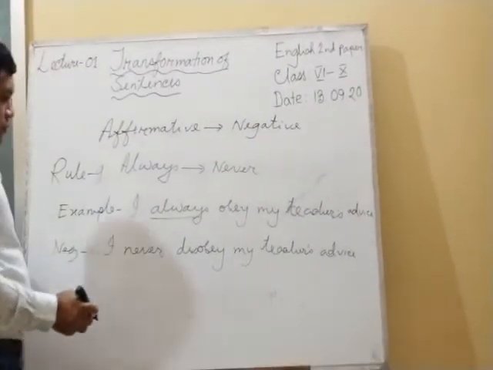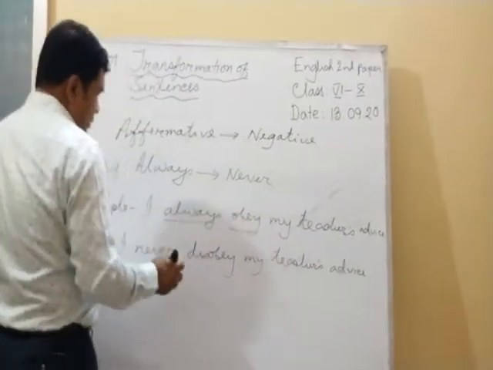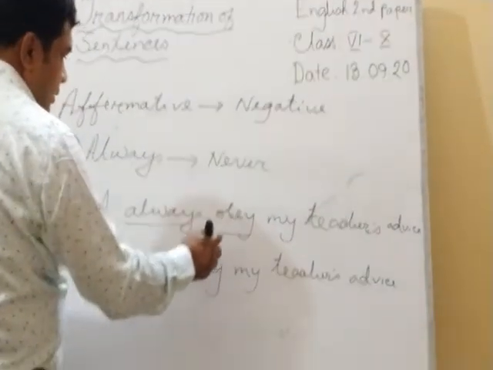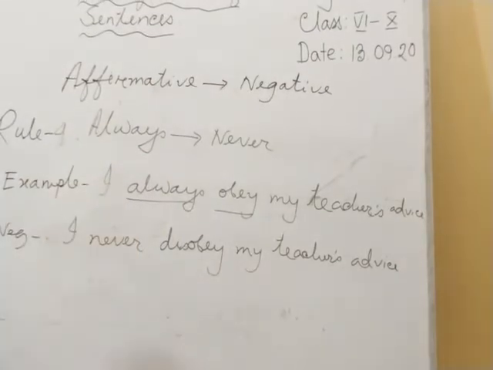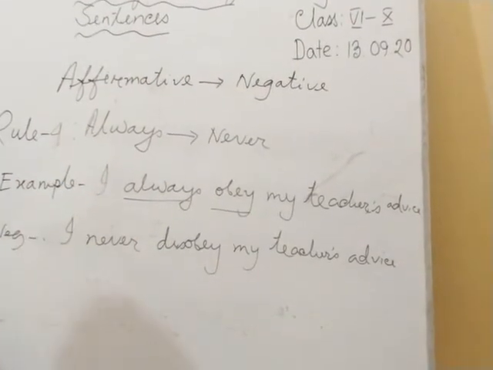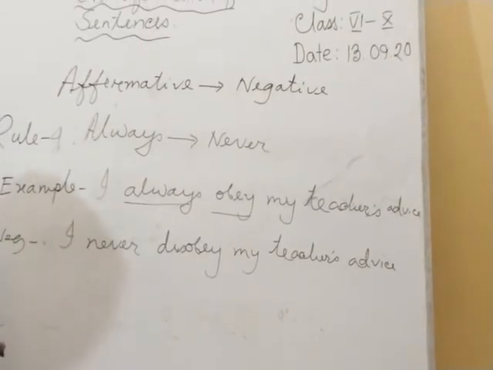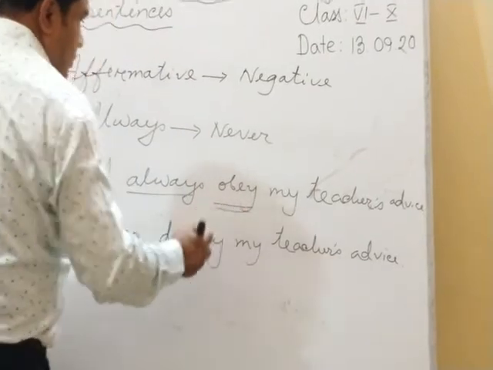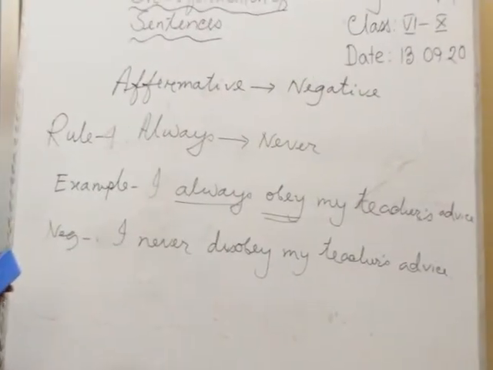Dear students, you should attentively follow this. We used disobey here. That means the opposite of obey, and you should also remember it, because if we use never, we must use the opposite word of the main word of this sentence. Okay, understand? I hope you can understand it.